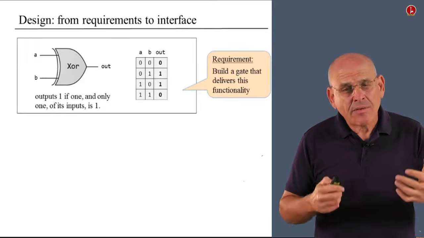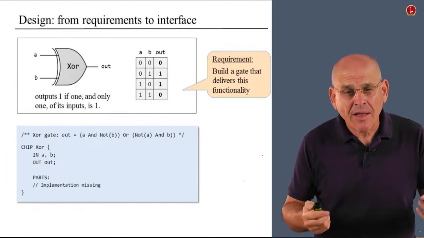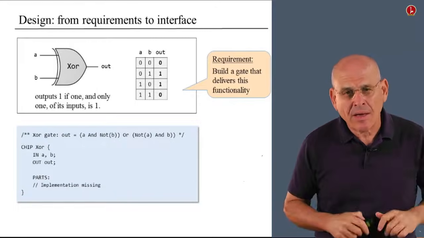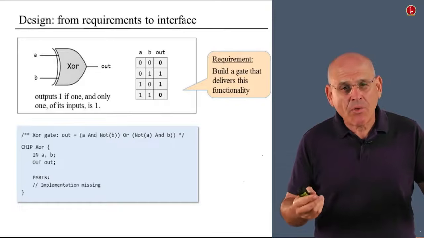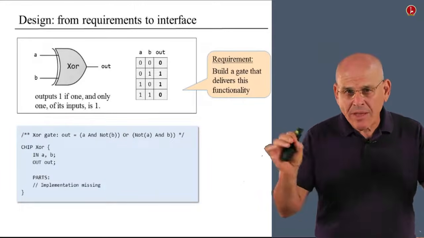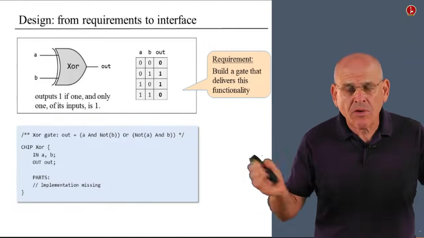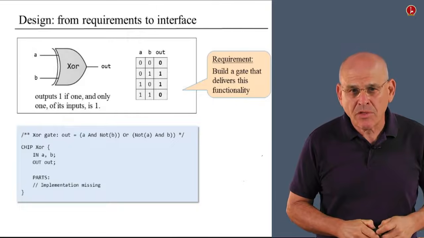And indeed, using this information, you can start writing an HDL file that will look something like this example here. So we start the HDL file with some documentation, free form. You can write whatever you want there, which describes what the gate is supposed to do.